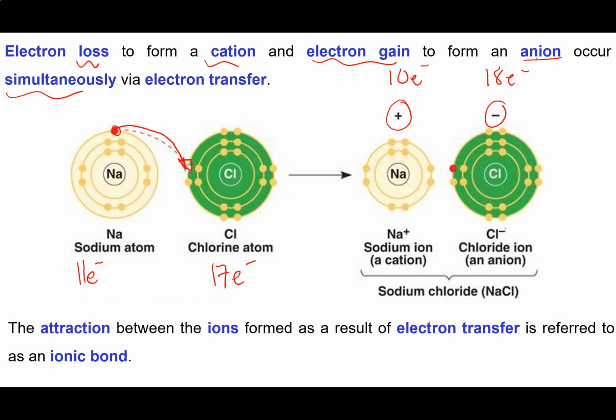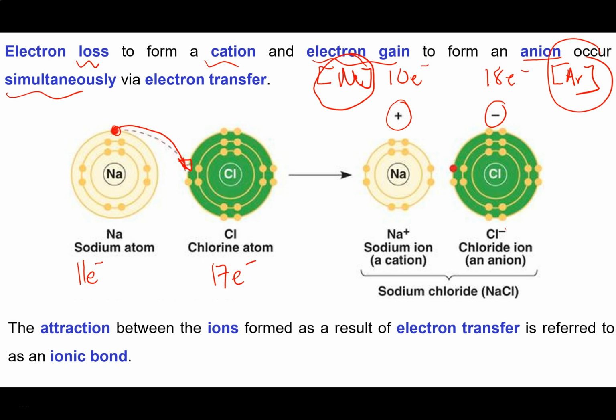Now, if you look at your periodic table, what has 10 electrons is neon, and what has 18 electrons is argon. So the sodium atom, by losing 1 electron, gets the electron configuration of neon. The chlorine atom, by gaining 1 electron, gets the electron configuration of argon.